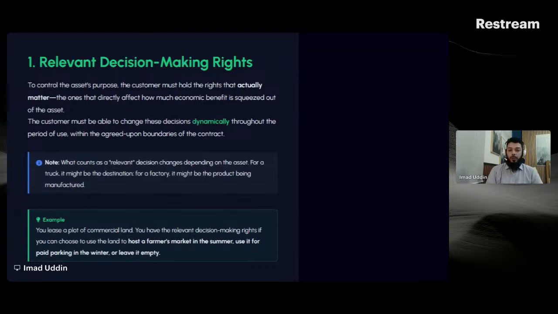Say you lease a plot of commercial land and you have the relevant decision-making rights that you can choose to use the land to host a farmer's market in the summer, use it for paid parking in the winter, or leave it empty. So if you have a plot of land, you can use it for a veggie market, you can use it for parking, whatever purpose. Within the scope of the contract, whatever purpose that's legal, you should be able to use it. Otherwise, you don't have the right to control it.